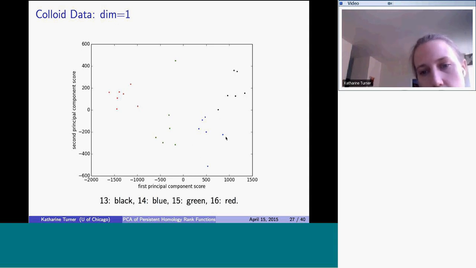The black ones and the blue ones are crystalline, so 13 and 14. Then 15 is the hexatic, and 16 is the fluid. You can see that these split up quite nicely, and the black and blue are closer to each other than to the others, so I'd consider them the same phase.